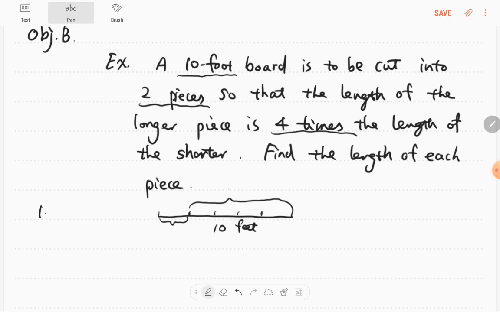This longer part is 4 times the length of the short piece. If we set the shorter part as our unknown, we set it x. Then how can we find the longer piece? Because we already know the relationship, that's called the relationships among unknown quantities. So the longer part, we can use 4 times x to represent.